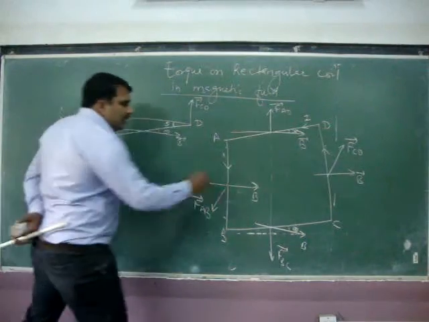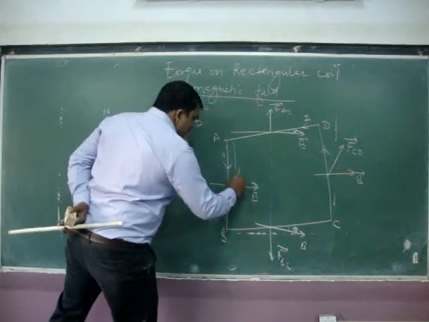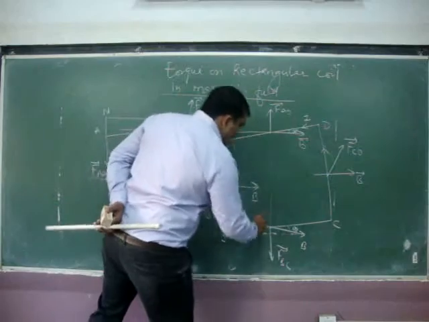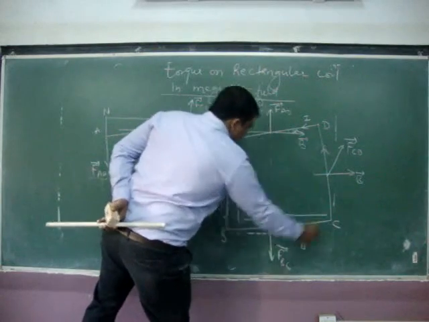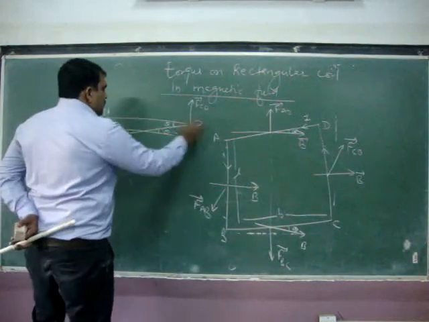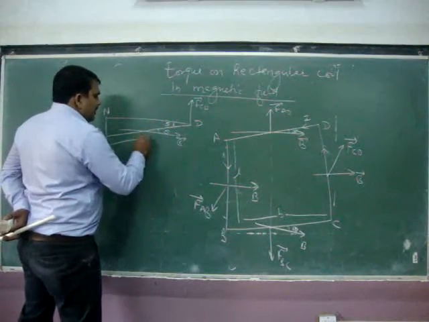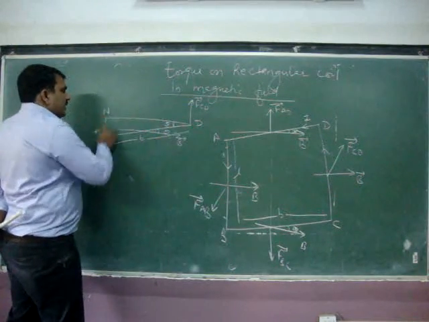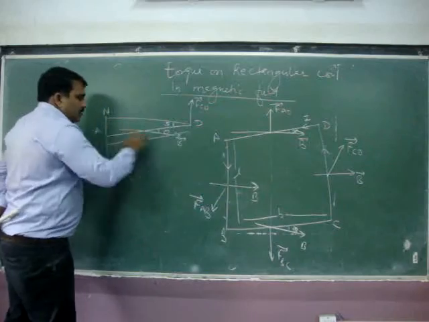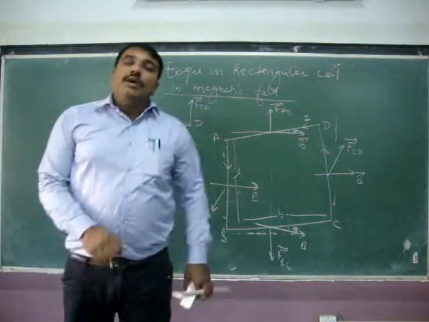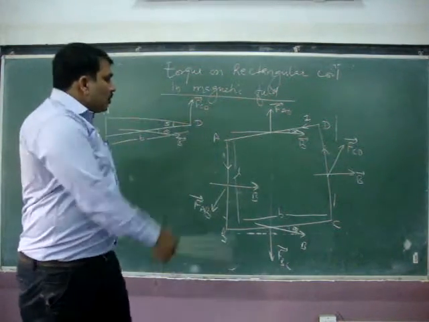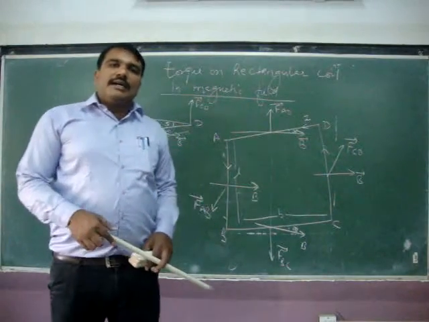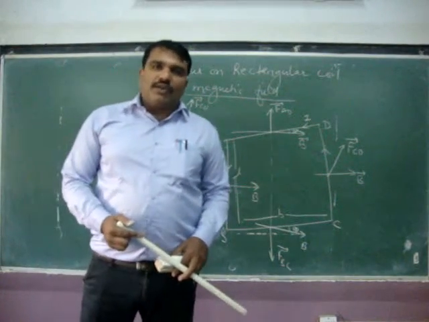If we take the length of this rectangular coil as L and the breadth as B, you can easily find this perpendicular distance using this diagram. So this is the diagram to find the torque acting on a current carrying rectangular coil placed in magnetic field.